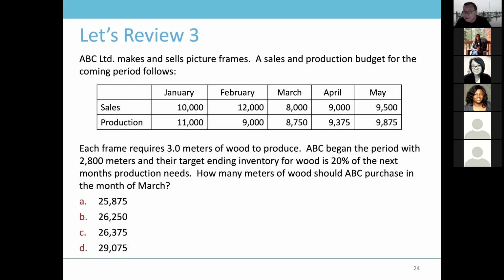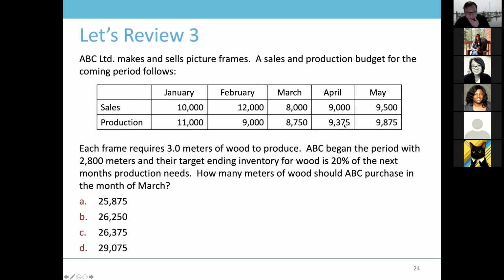Okay, Dan Pearson, can you please explain your answer? How did you get to the calculation? I think I did it wrong because I was looking for March, but basically I took the production for March, which was 8,750, and then multiplied that by 3 for the number of units I need to produce. And then I took April amount by 20% times 3, because that's the extra I need to make.